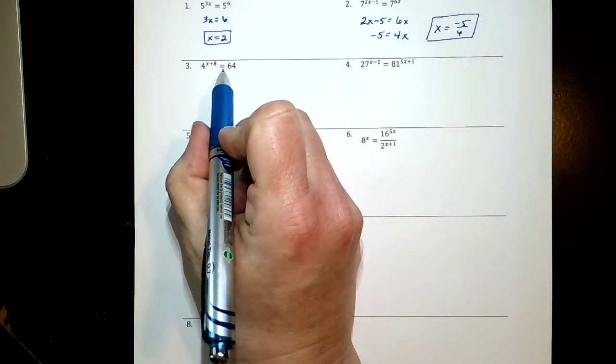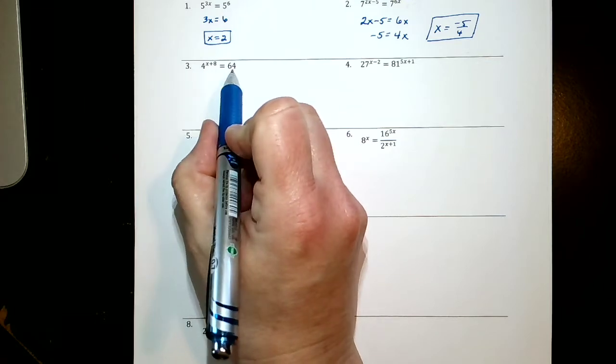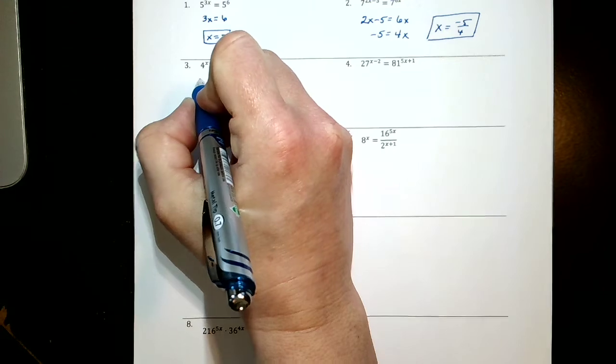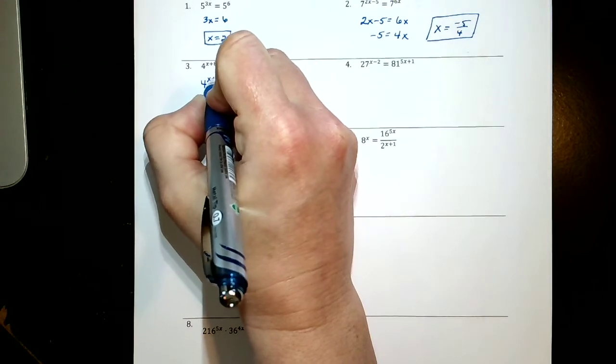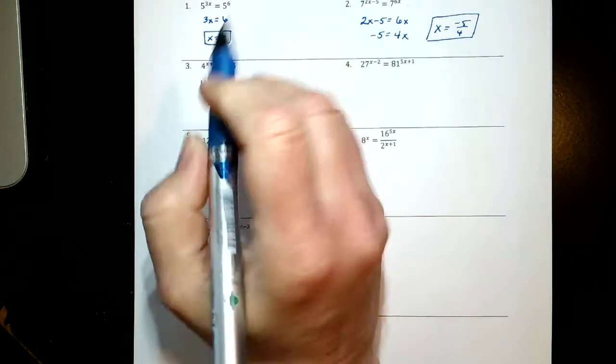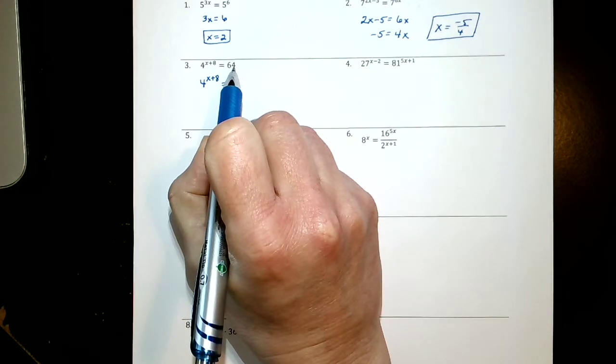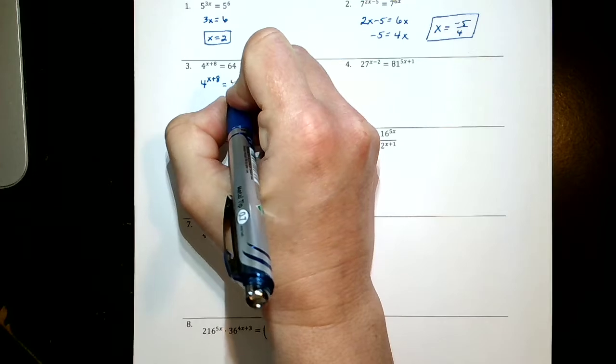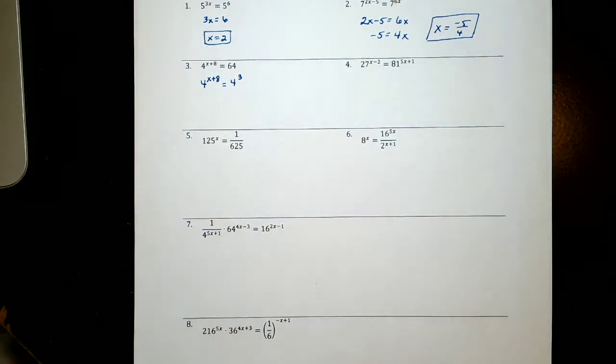We have a little bit of an issue because the bases are not the same here. So I am going to leave the left-hand side the same, but the right-hand side, I recognize that that is 4 to the 3rd power. So I can rewrite it as 4 to the 3rd power. If you're sitting there going, I would never have recognized that, don't worry.